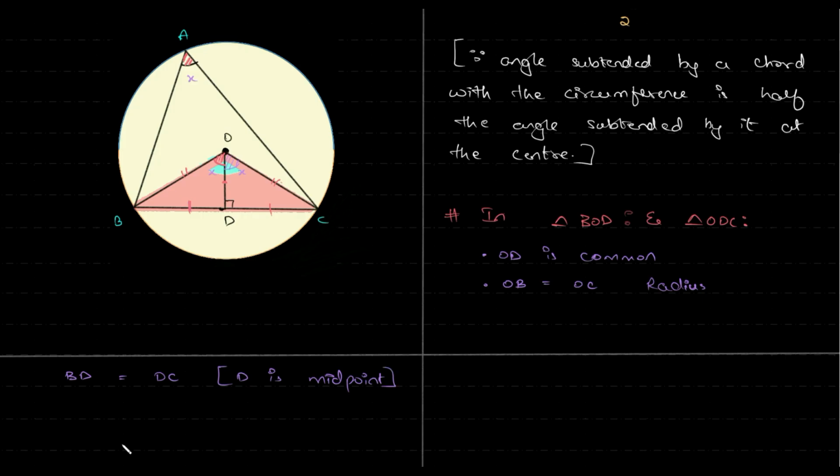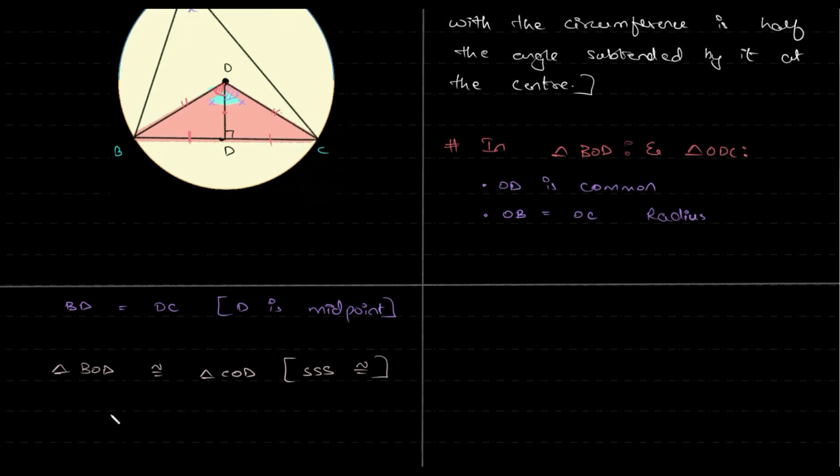So with all of this, what can we tell? Triangle BOD is congruent to triangle COD, right? By SSS congruency. Okay. What next? If these two triangles are congruent, this implies what? Angle BOD is equal to angle DOC.